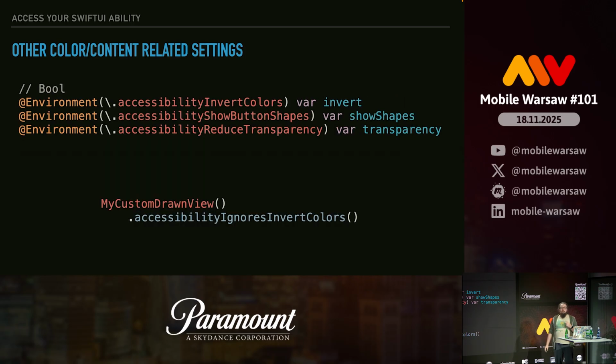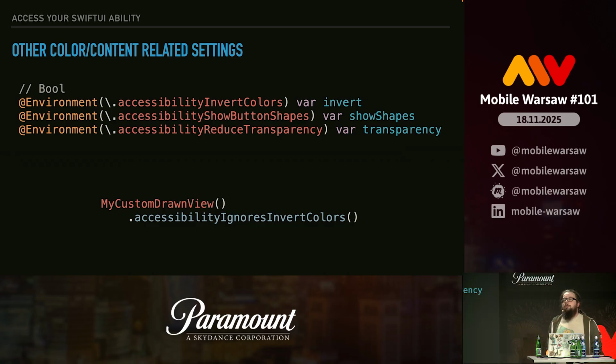There's a lot of other properties that we can inspect in our code to see what the user opts in for in accessibility settings. If they want reduced transparency, if they have inverted colors, which is a bit tricky because the smart invert tries to figure out where you have images and will preserve them.